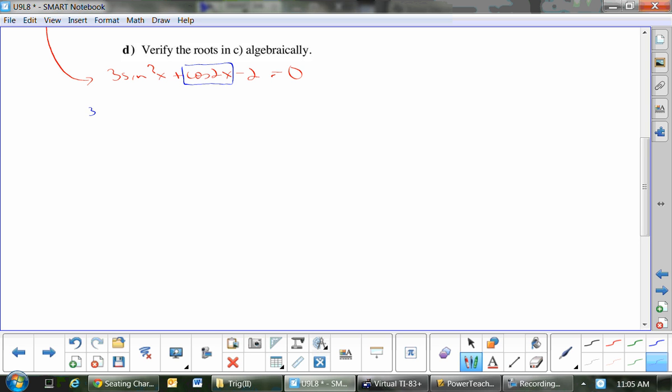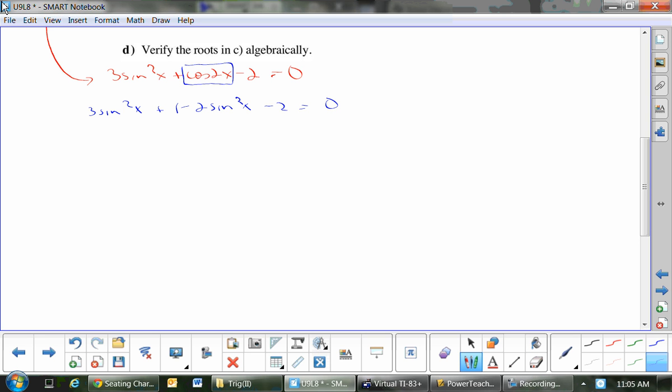So this is 3 sine squared x plus 1 minus 2 sine squared x minus 2 equals 0. Now this one has a simplicity to it after that step that makes this a good question, because if you don't see that one step, you're in for doing a lot of work, right? And taking time to get the wrong answer.